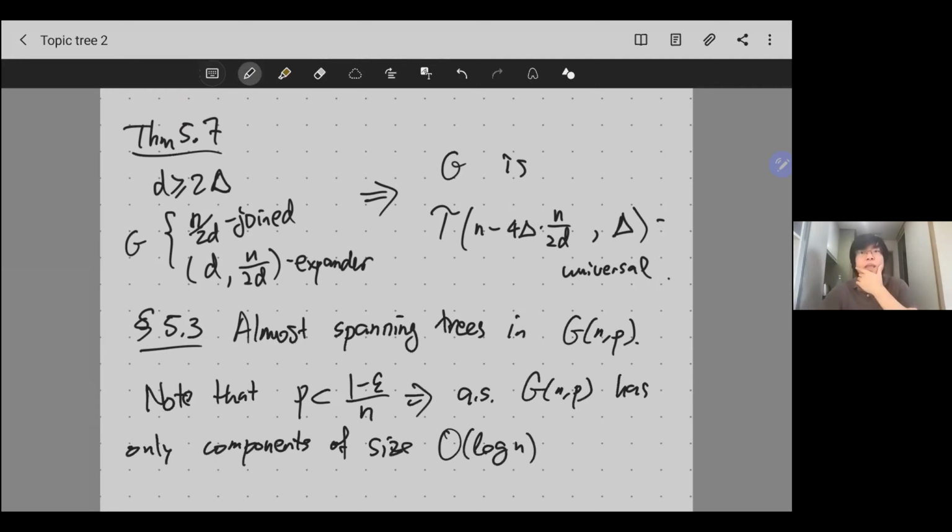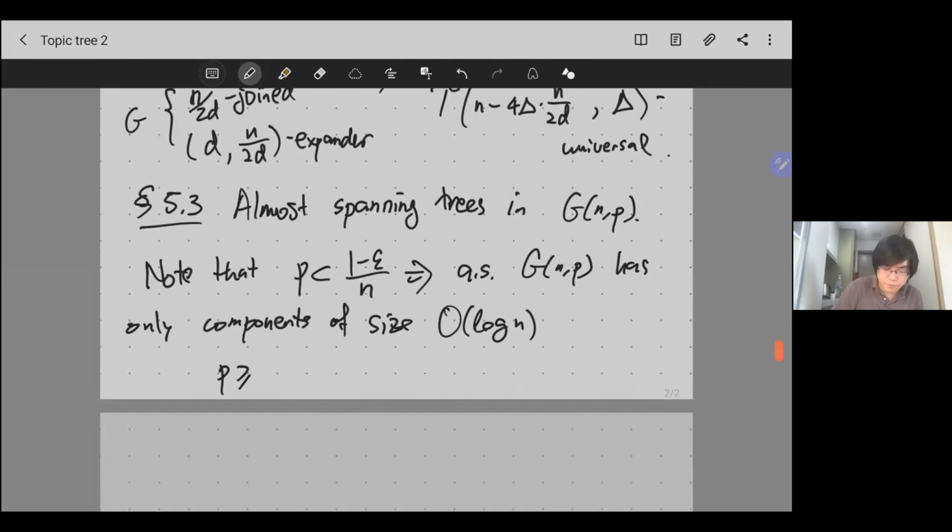Of logarithmic size. So that means the best we can hope for is p at least some constant C over n. And we've seen previously, last week, that when p is at least C over n for large C, we get almost spanning cycles.